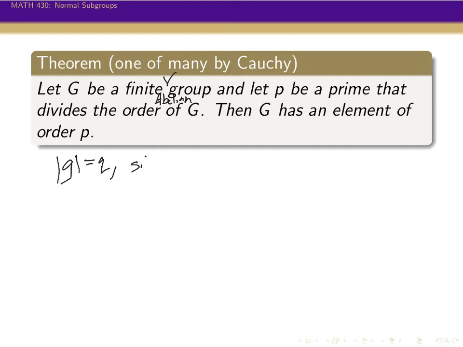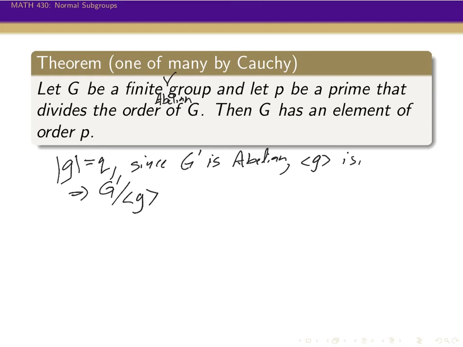Since G prime is abelian, well, in abelian groups, every subgroup is normal. And so we can look at G prime mod G, because the group generated by G, this is a group of order Q, is normal in G prime.